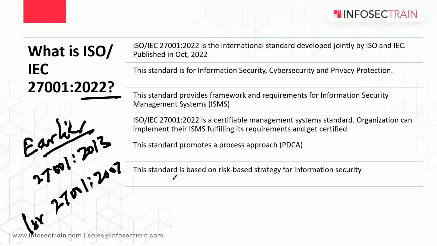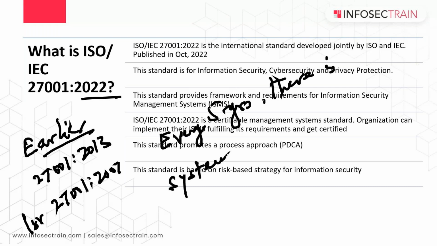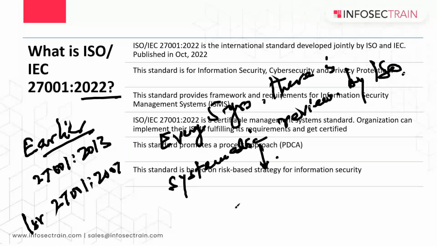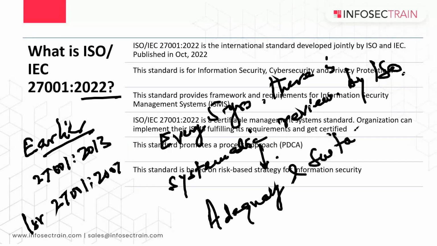Now, every 5 years, there is a systematic review of each standard by ISO committees to look into the standard's adequacy and suitability to current times.